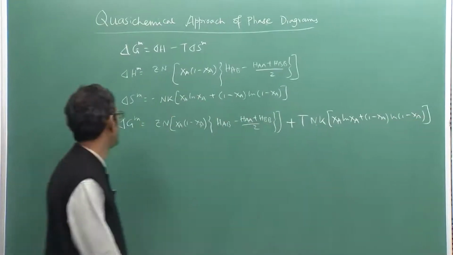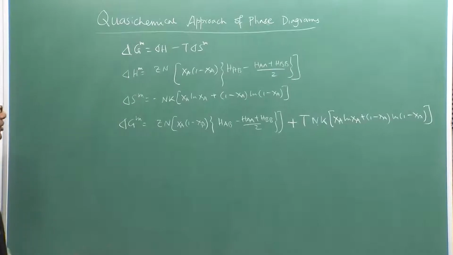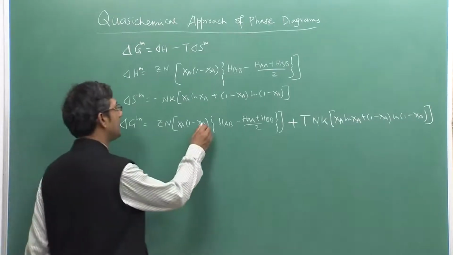That is the whole free energy change when you form a solid solution using two atoms A and B type.